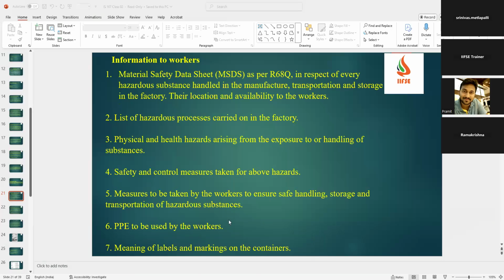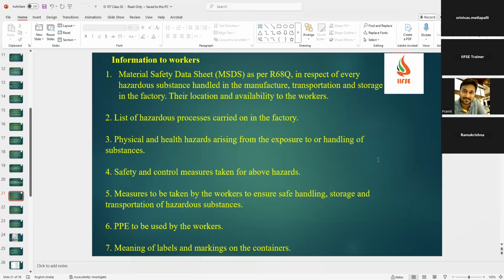Another option is in the procedure itself or work instruction itself. They will keep one heading saying the required PPE is to be used, so that the supervisor or the reader can understand that while performing this specific activity, I have to use this set of PPEs so that I can avoid the exposure.